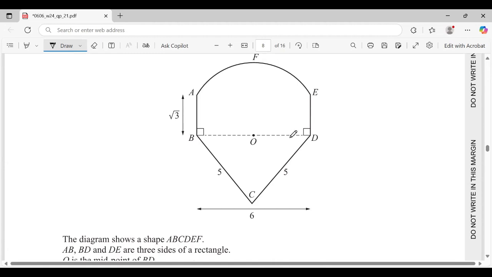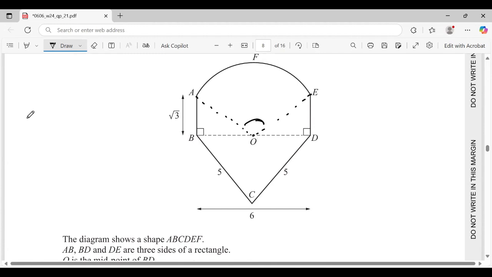So we are going to sketch the sector. So this is 120. Now we're going to find this one.